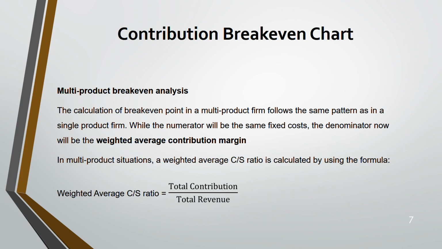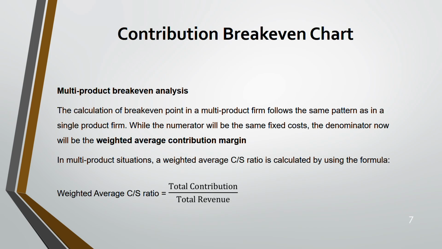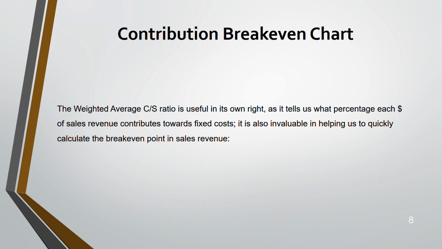So C first, then S, then the sales or the revenue. Now, see the word, it says total. Okay. You take all the products. Now, there are some steps that you need to work on when you're working with a multi-product. 5 steps, which we'll go through in the next slide.